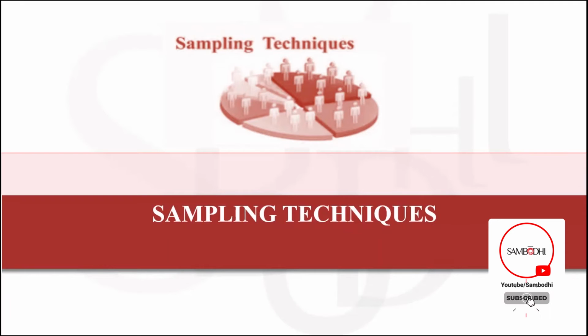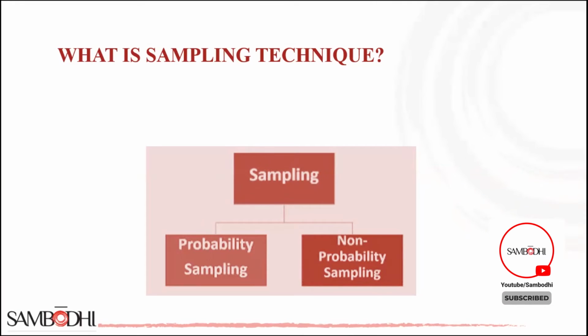What is a sampling technique? The sampling technique or the sampling method is a statistical approach used for selecting a representative sample from a population. I'll give you a very basic and simple idea here.